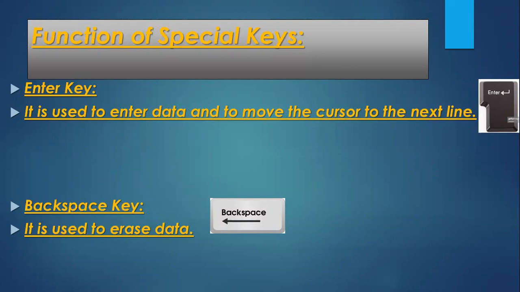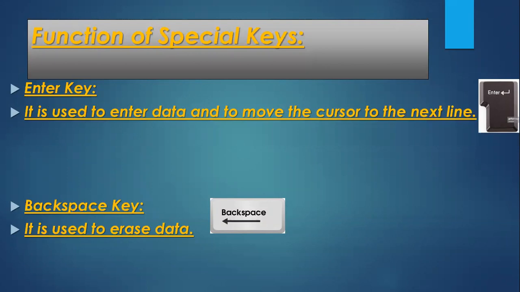Now second one is backspace key. What is the function of backspace key? It is used to erase data. As while doing your homework or when you were doing any work in your classroom, definitely by mistake you can write something wrong. Then what will you do?